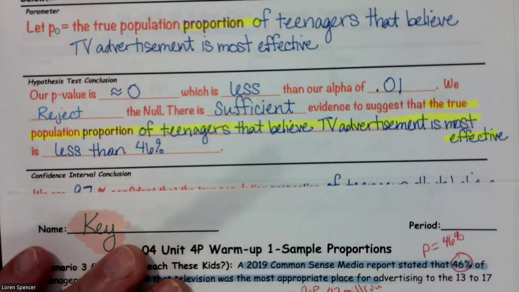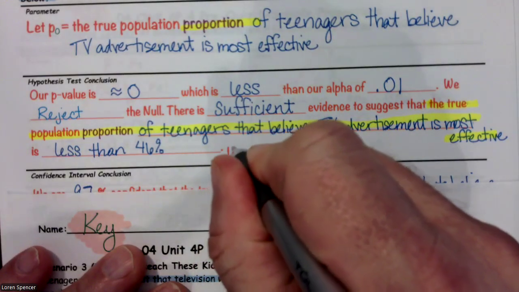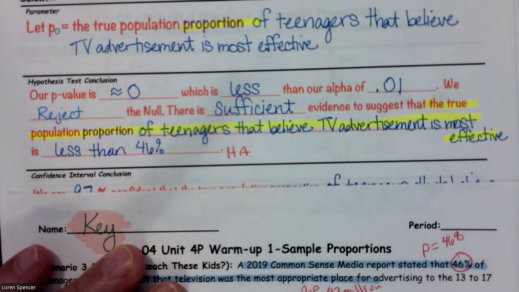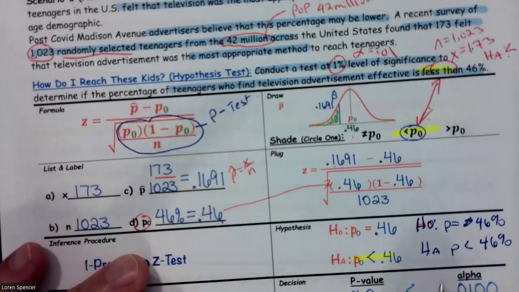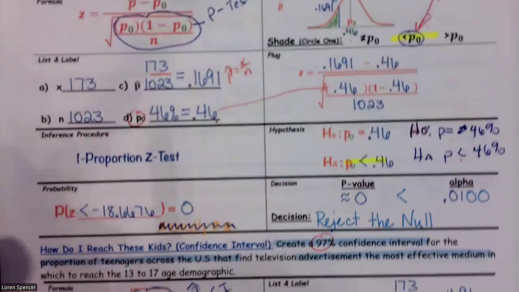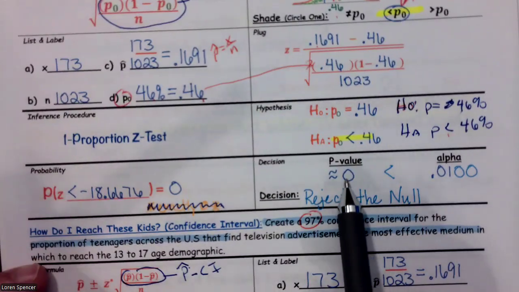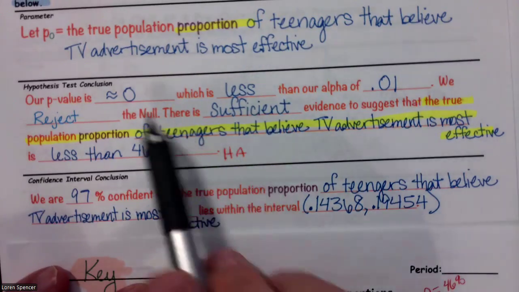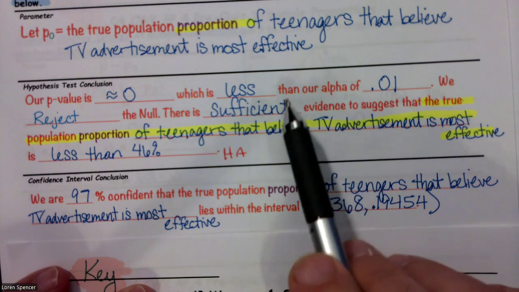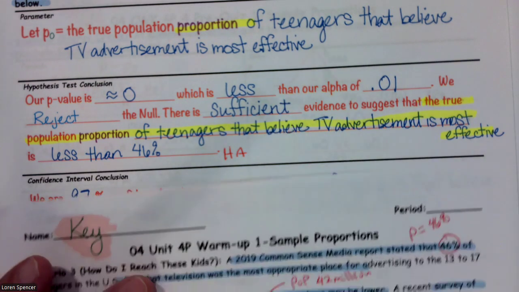Less than 46%, that's our alternative. That's what our alternative is, less than 46%, because that's a less than. And then the other thing is when we wrote our decision, p-value less than 0.01, reject the null. The p-value is zero, less than 0.01, we reject the null. So there we go with that.